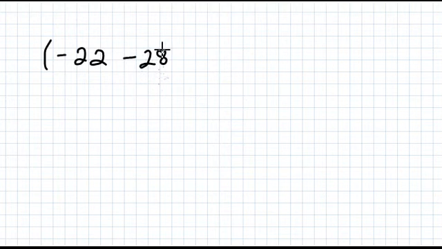Alright. Let's work a little bit more complicated one. We have a parentheses, negative 22, okay, minus 28, minus 22.